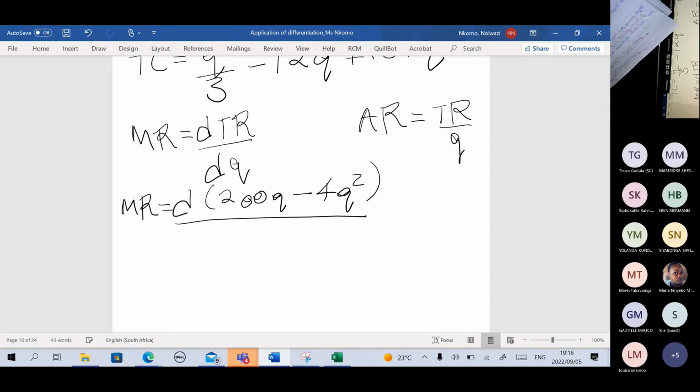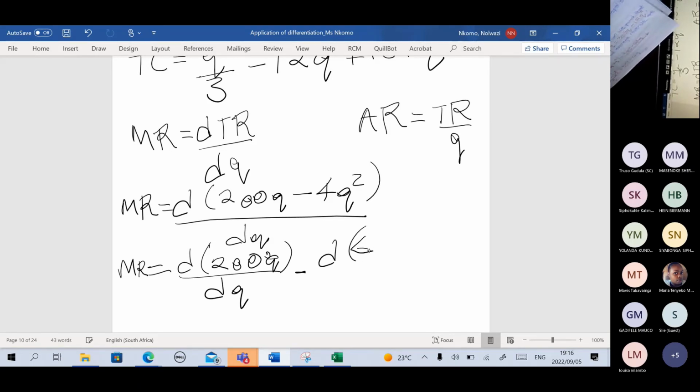And we are asked to differentiate this with respect to Q. So our marginal revenue would be the derivative of 200Q with respect to Q minus the derivative of 4Q squared with respect to Q, right?